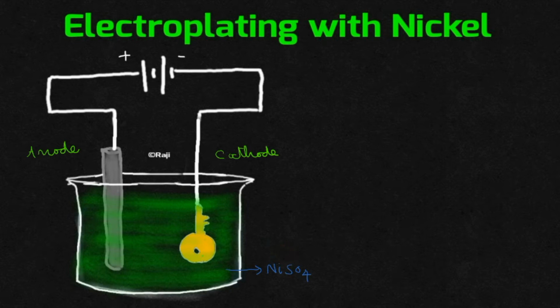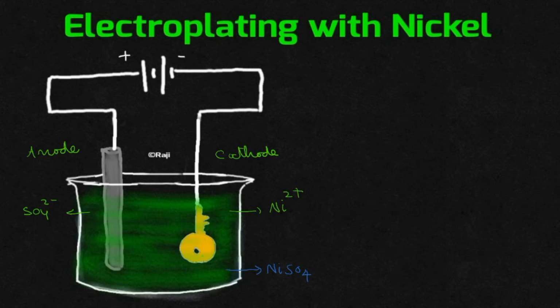In the previous video also we discussed that in order to find out the reaction taking place at the cathode and at the anode, we have to write what all ions are present in the solution. We have taken nickel sulfate solution, so Ni2+ ion and SO4 2- ion will be present in the solution.